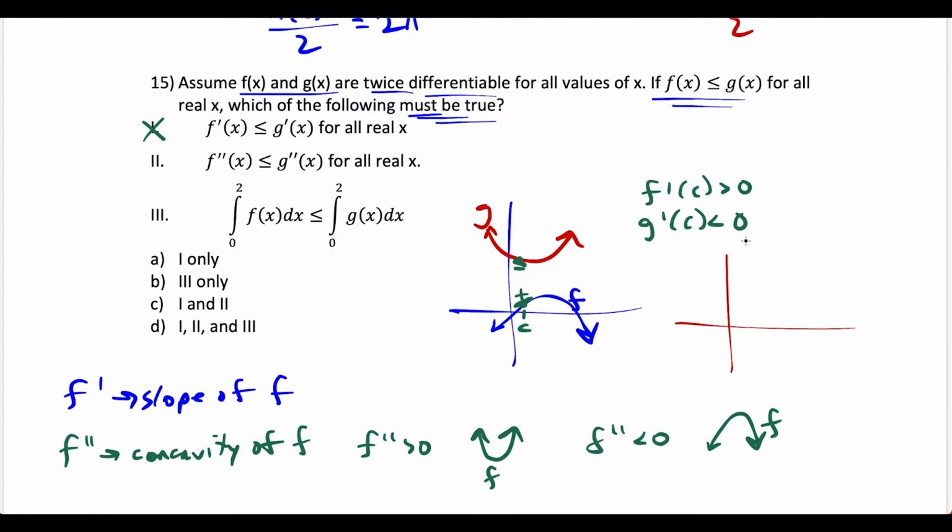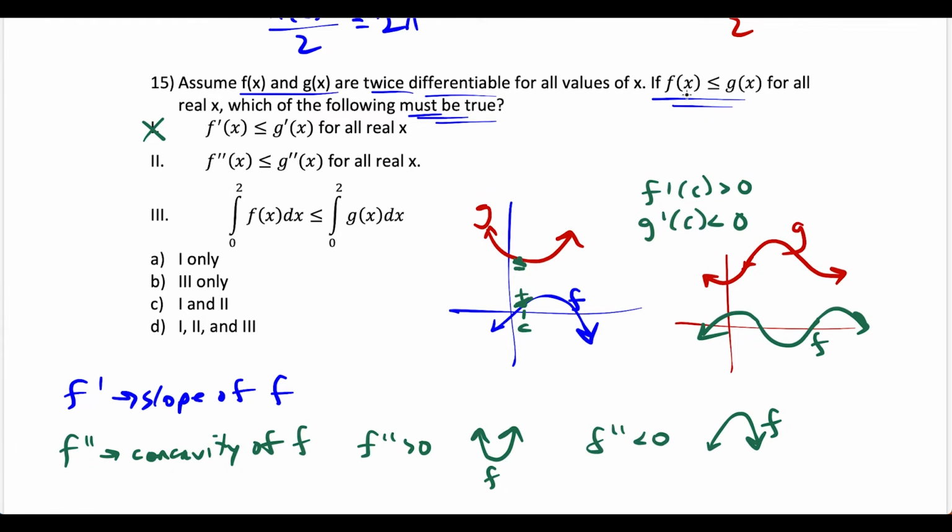I could draw my graph where g is frowning for this part. So maybe it does make a turn and become concave up, but it's temporarily concave down. And then my graph of f underneath is concave up for this portion, but then switches to concave down. So here's my graph of f, and here's my graph of g.